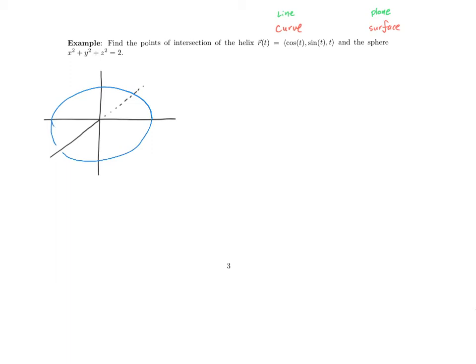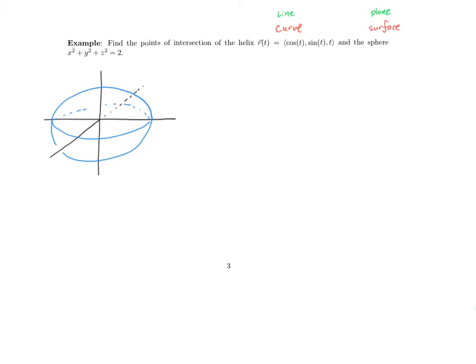So if I have a sphere of radius root 2, centered at the origin, and then we also have a helix, the helix that we encountered in our previous video. It's just wrapping around the z axis.